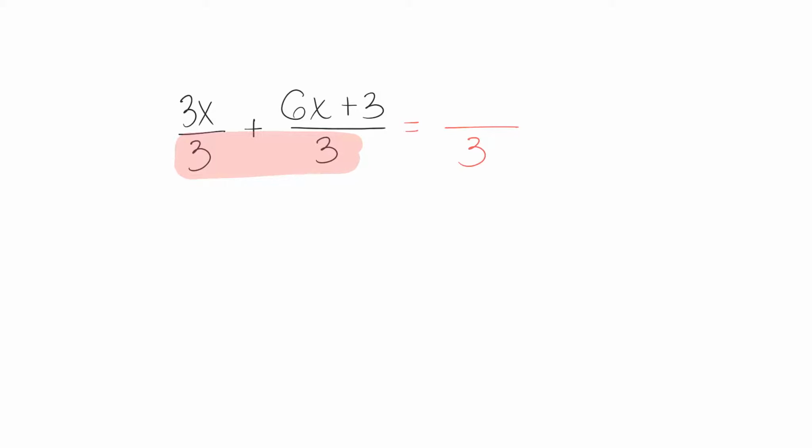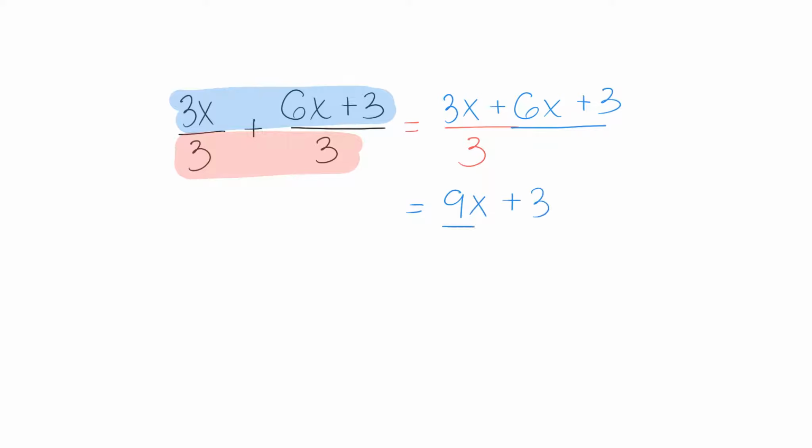In the top, we're just going to add all of this together across the top. So 3x plus 6x plus 3. Collect your like terms. 9x plus 3 over 3.